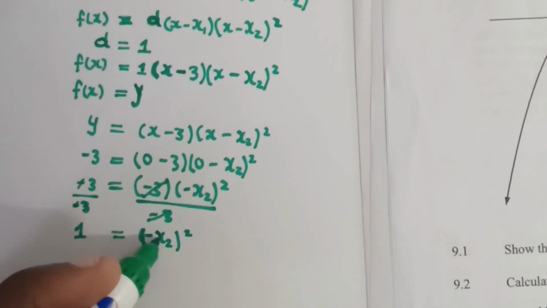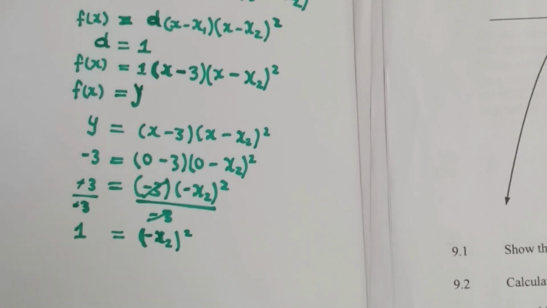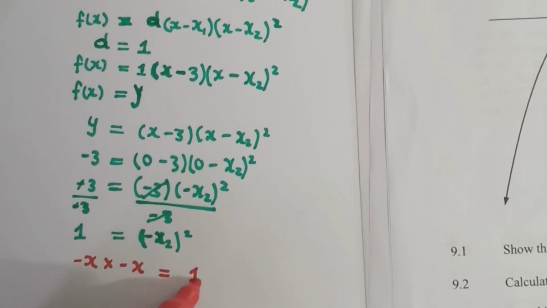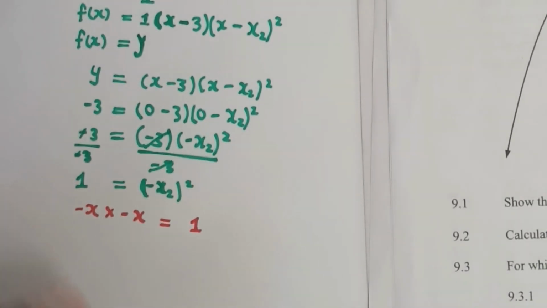So if you take note here, if it's negative x to the power 2, remember what that 2 means. It says negative x times negative x, which is equal to positive 1 on this side. So when we multiply negative times negative, it gives us positive, and then x times x gives us x squared.